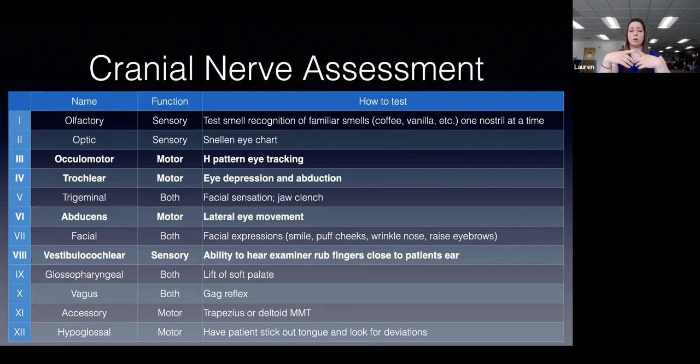And then vestibulocochlear can help you rule out whether it's a vestibular issue, as far as a vestibular hypofunction on one side due to a nerve issue. If they have damage to a vestibulocochlear nerve, their vestibular system on that side is going to be pretty shot. So their balance will be off because they're only getting input from one side.